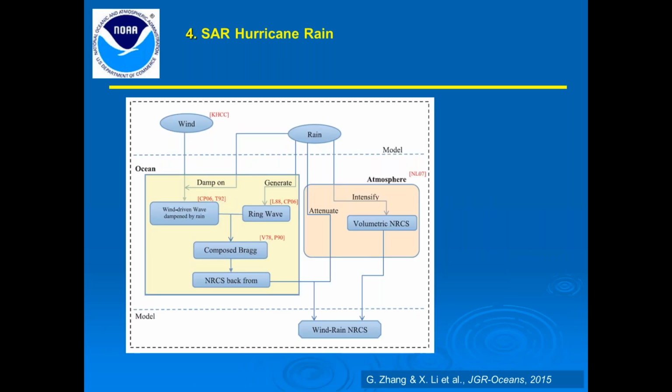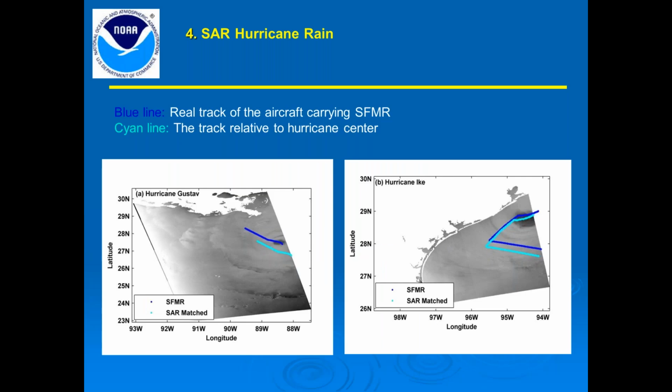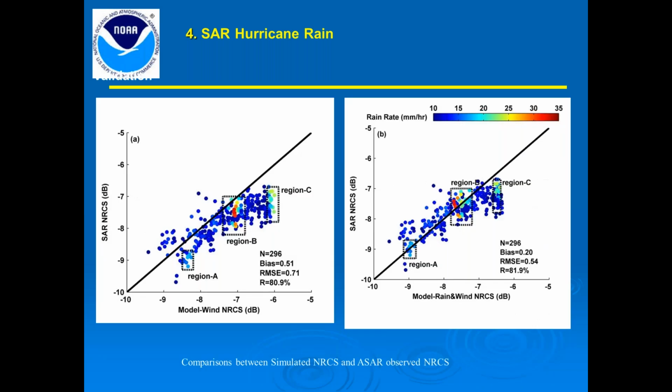So this is another study we did, just trying to understand each mechanism: the rain waves, the Bragg waves, and the volumetric scattering in the sky all contribute to the rain-contaminated ocean surface. And again, you can compare this result with the SFMR measurements.